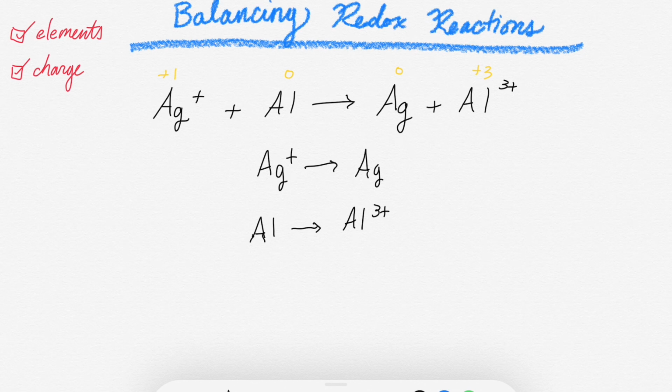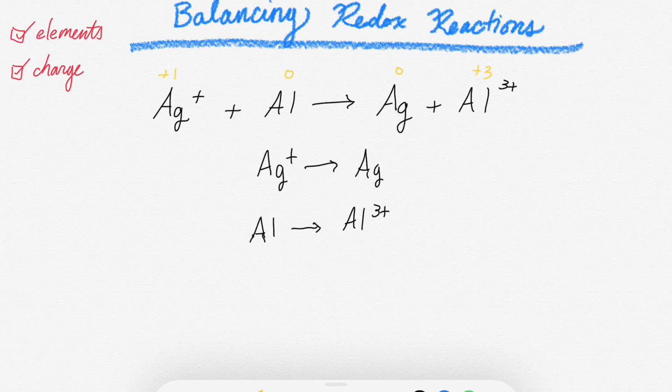Now what we're going to do is make sure that we are balanced for elements. What does that mean? It means that we have the same number of elements on the left and the right, as well as types. So notice that we only have 1 silver on the left, which is great. So we have 1 silver on the right, so we know this bad boy is balanced. We have 1 aluminum left, 1 aluminum right. We are now balanced. So that's pretty exciting stuff. But that being said, we now need to balance for charge.